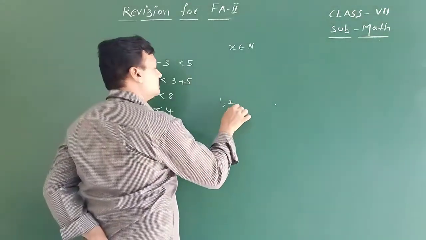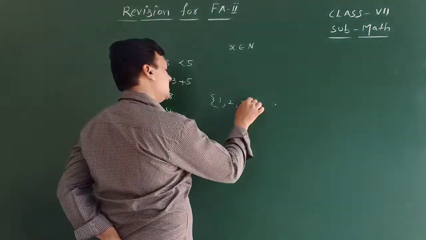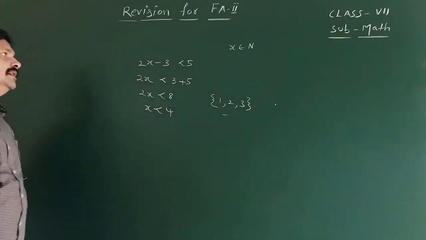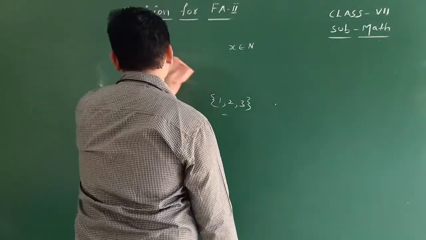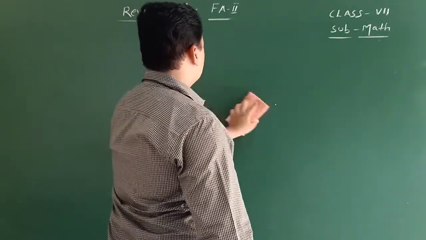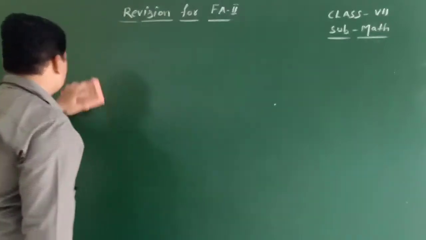So here 1, 2, 3 is the solution set because natural numbers are 1, 2, 3, 4, 5, 6 like that. In this way we can find the solution set for any equation. The remaining are all problems only.